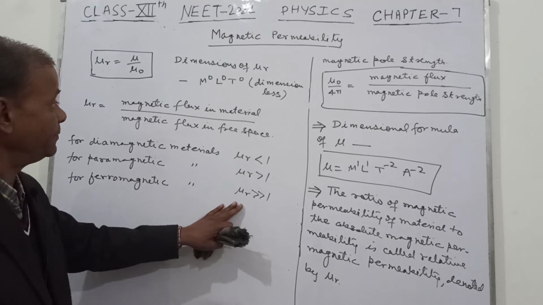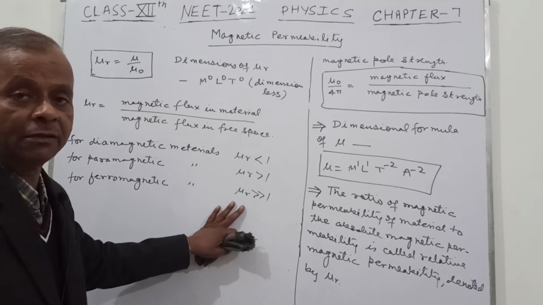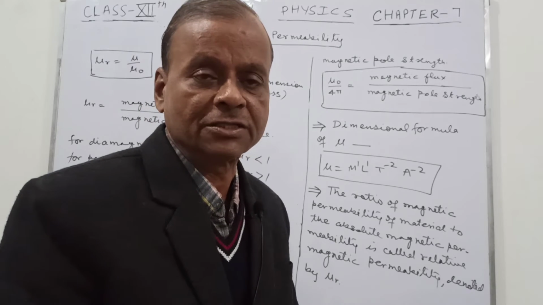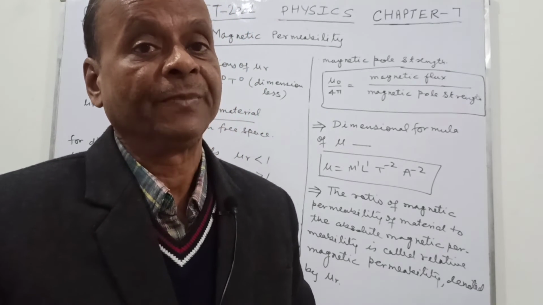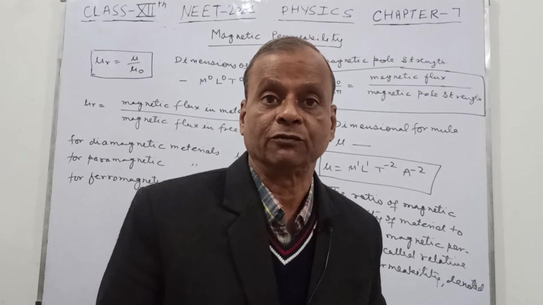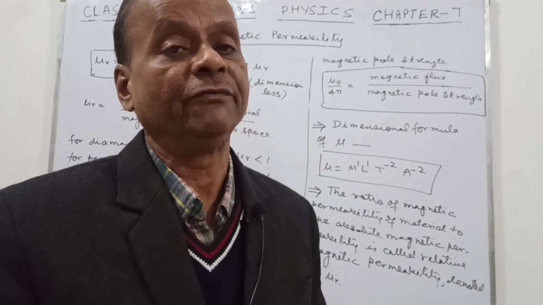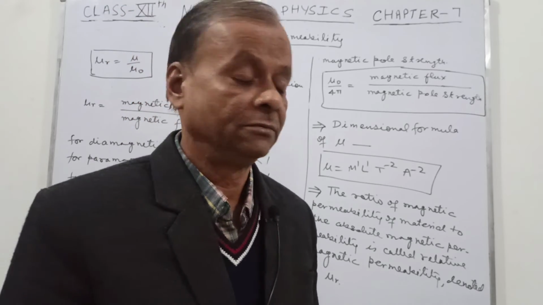So these are having a very important role while we are having the material in the magnetic field. So this is our general experience that the ferromagnetic materials acquire maximum magnetization when they are placed even in a very weak magnetic field.